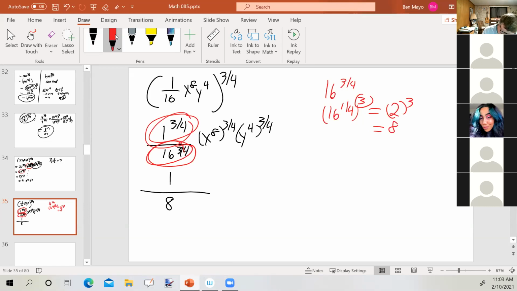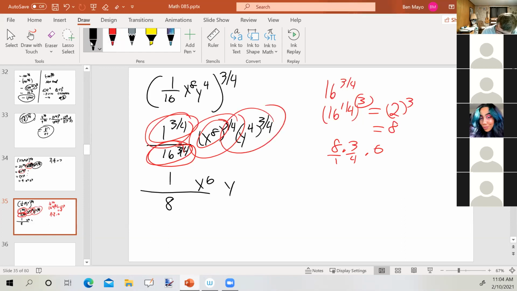All right, and let's take a look at this. Oh, we're going to multiply the exponents. What's 8 times 3/4? 6. So this would be x to the 6th. What about this? That would be y to the 3rd.